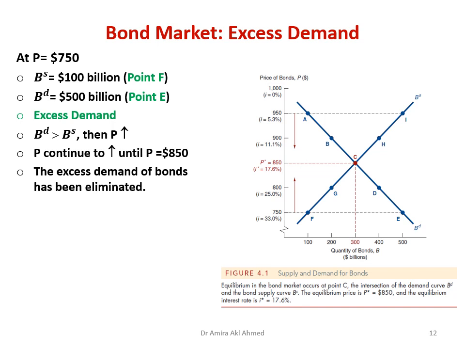This is shown by the upward arrow drawn in figure 4.1 at the bond price of $750. As long as the bond price remains lower than the equilibrium price, there will continue to be an excess demand of bonds and the price will continue to rise.